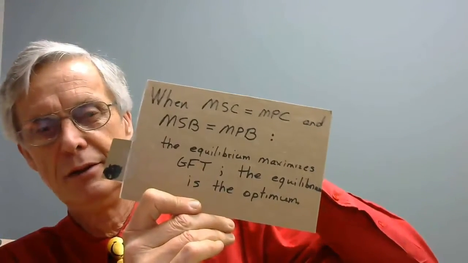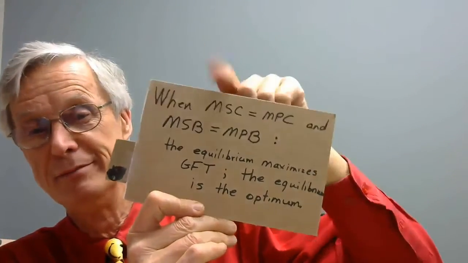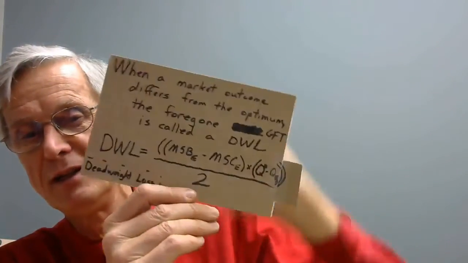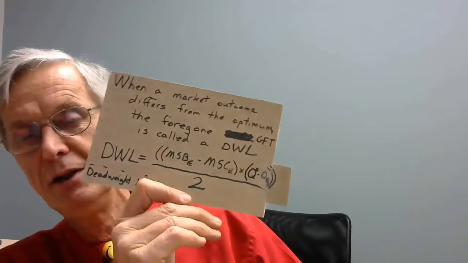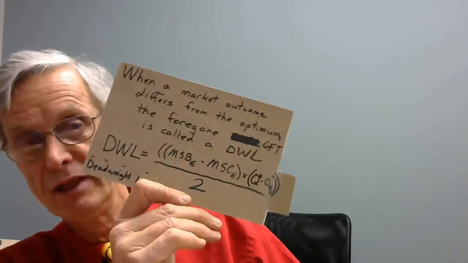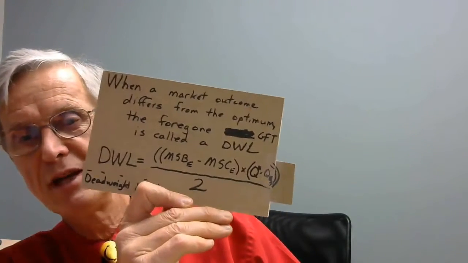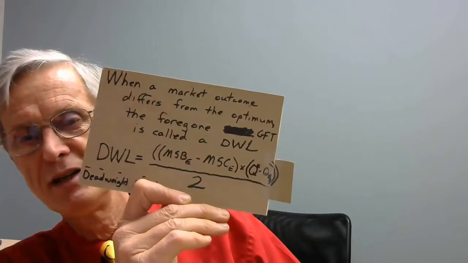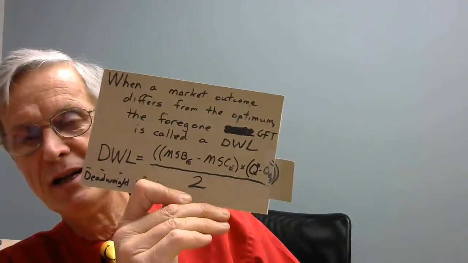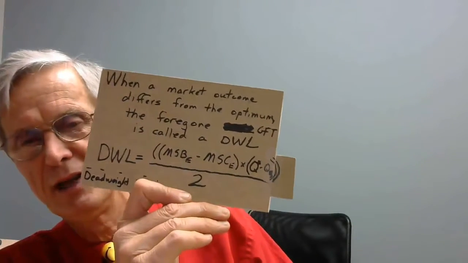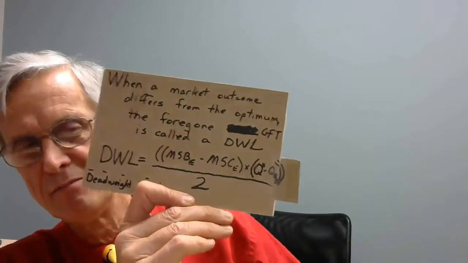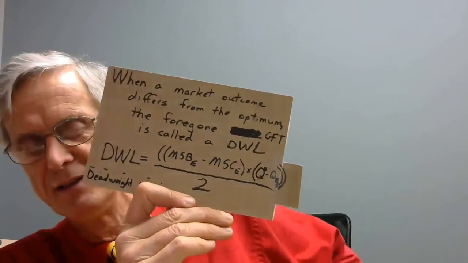All right. So what if the equilibrium is not the optimum? Well, then we can flip the card over and talk about that dead weight loss thing that I just blurted out a minute ago. When a market outcome, the equilibrium, differs from the optimum, the foregone gain from trade is called a dead weight loss. In other words, when the outcome is different than where MSB is equal to MSC, where the key lines intersect.